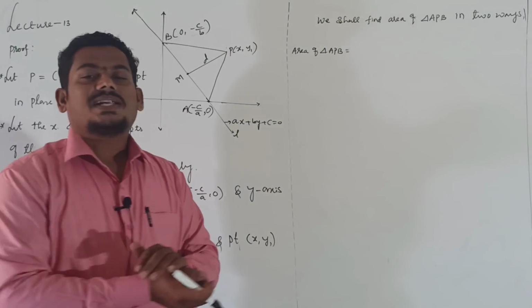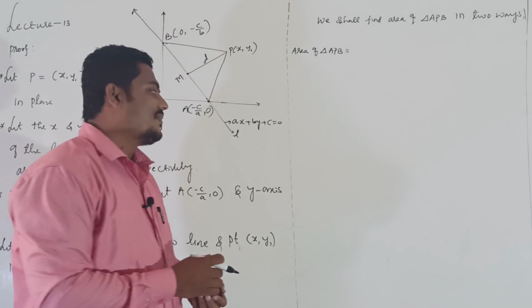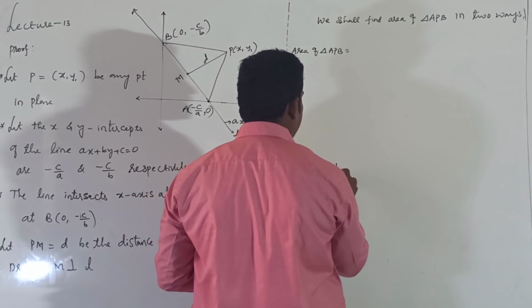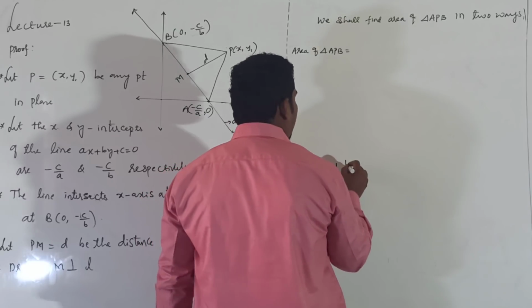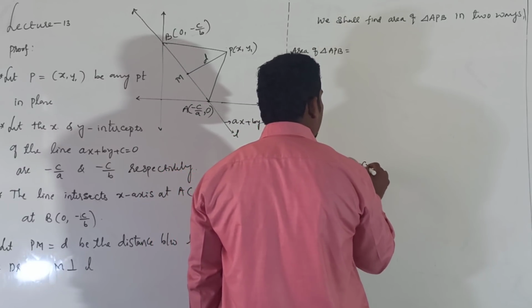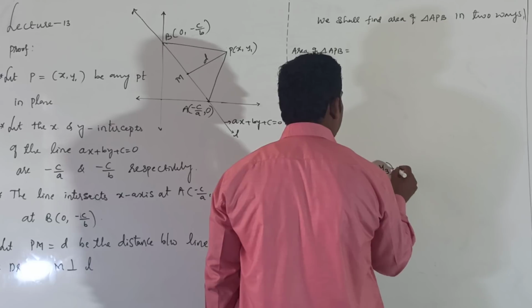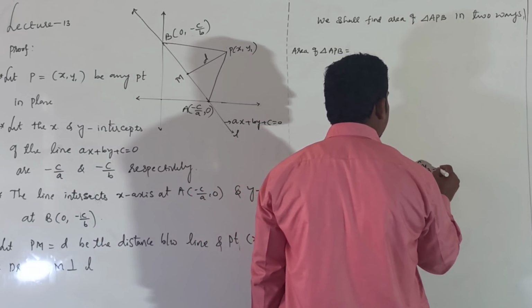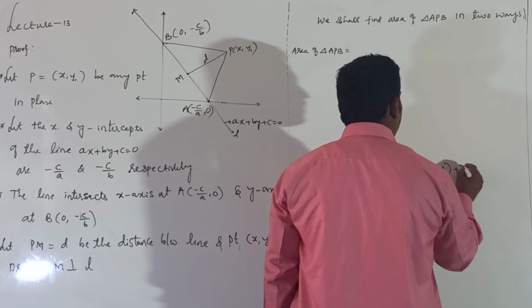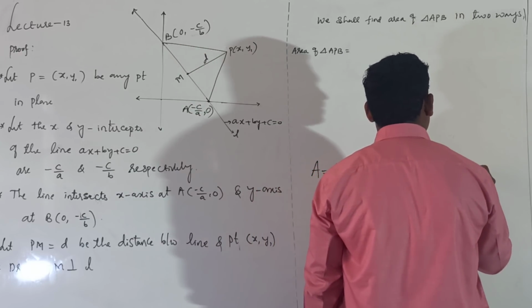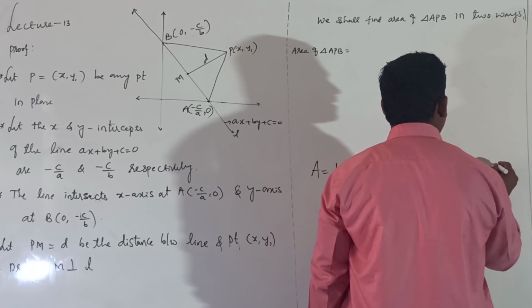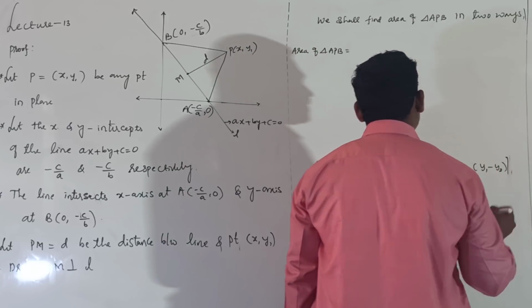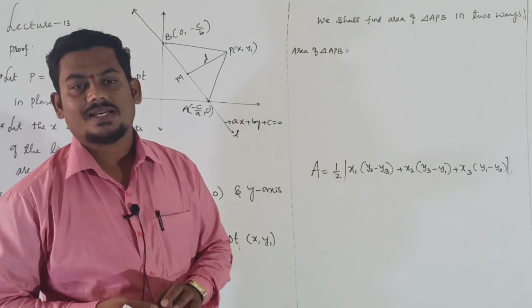By using vertices, suppose the vertices of the triangle are given, then the area A is equal to 1 by 2 times modulus of x1 into y2 minus y3 plus x2 into y3 minus y1 plus x3 into y1 minus y2. It gives the area of the triangle whenever vertices are given, right?